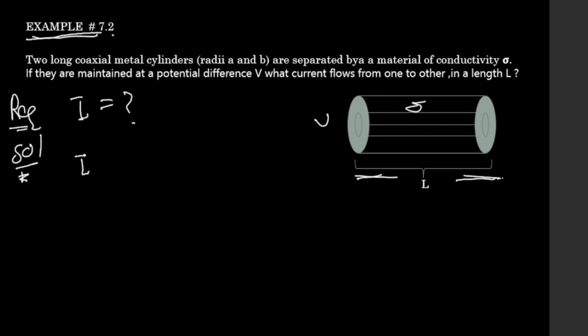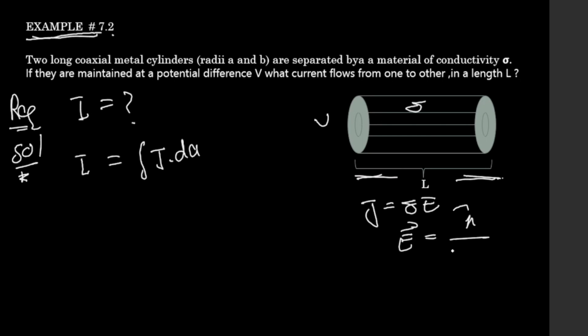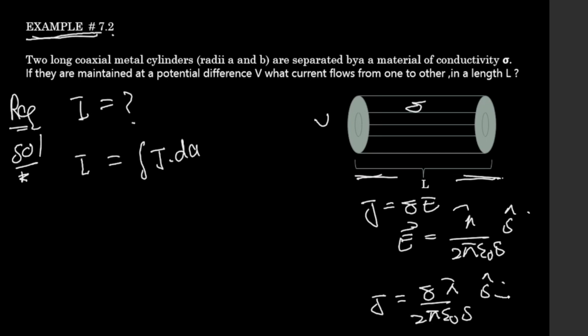As we know, current is equal to the integral of J dot dA. But J equals sigma E, and the electric field between the two cylinders is given by Gauss's law, which is lambda divided by 2 pi epsilon naught S in the direction of S, where S is the radius. When we put this electric field in J, it gives sigma times lambda divided by 2 pi epsilon naught S in the direction of S. Let's say this is equation 3, and this is equation 1.